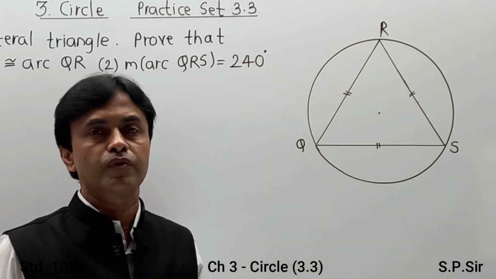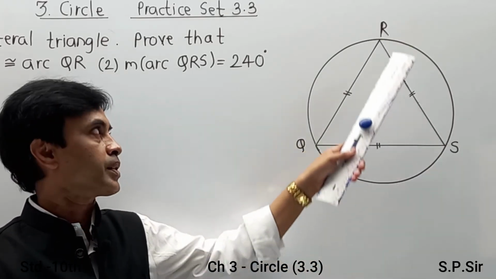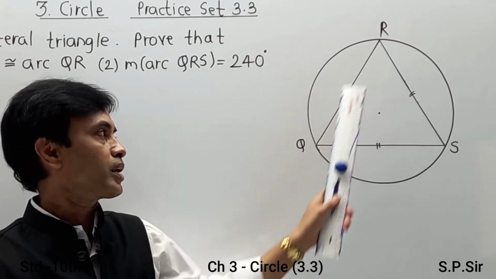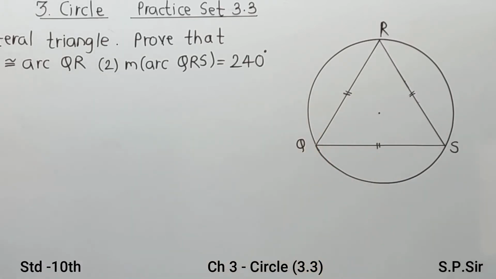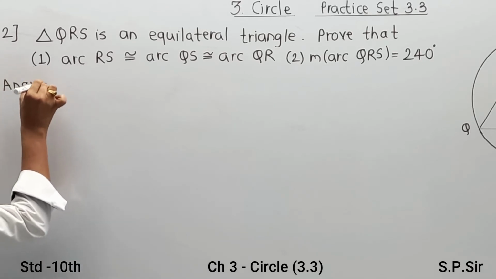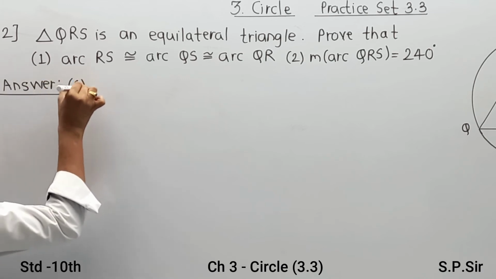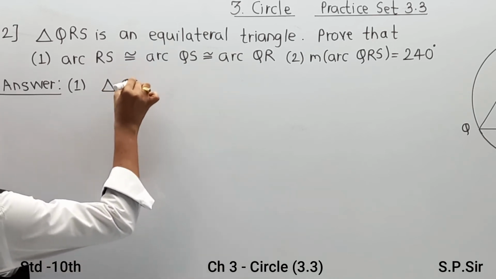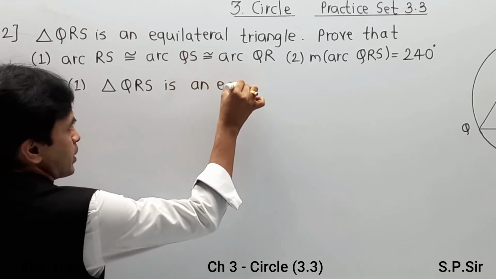All three sides of the triangle become chords of the circle, and as the triangle is equilateral, these sides of the triangle are nothing but chords for the circle. Then chord QR is equal to chord QS is equal to chord RS. So writing that part over here, first, triangle QRS is an equilateral triangle.